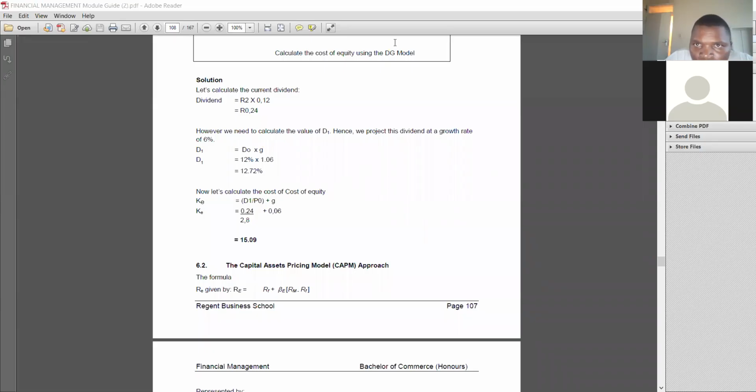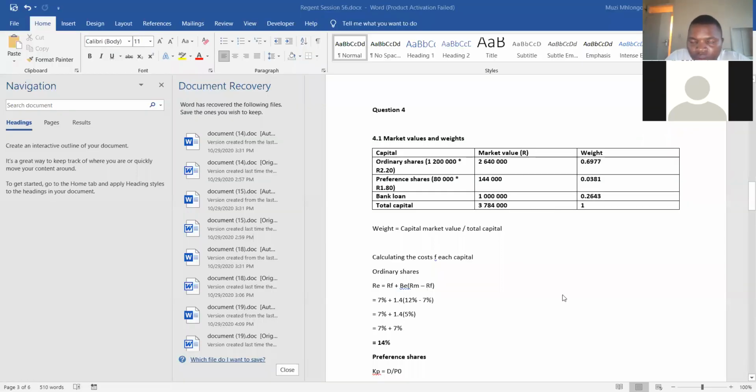Not this one. Oh, I think it's this one. Can you see my screen over there? Yeah. Yes. Okay.